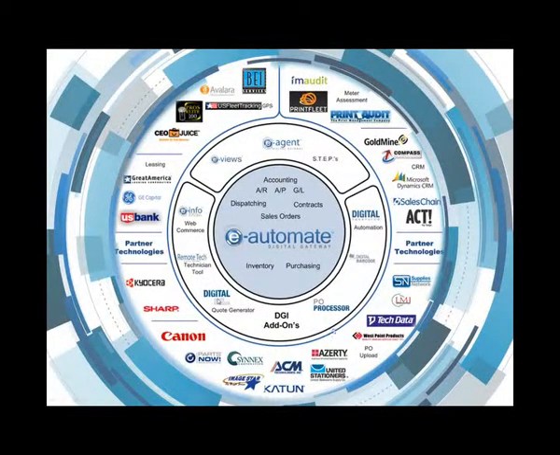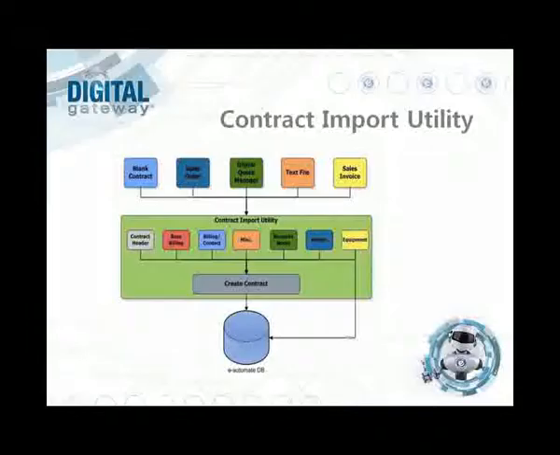Then we also have add-on products, which are additional features that Digital Gateway has made for eAutomate, and I have a separate webinar that will go over each one of those so you can get a basic idea of them. And then all of the partners that we've integrated with for CRM, meter assessments, additional products, leasing, as well as some other partners. So this is fun to see all of that.